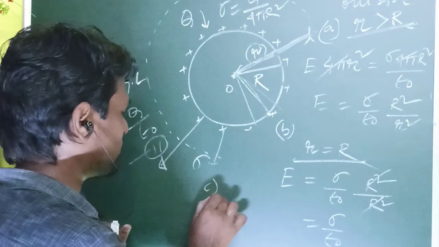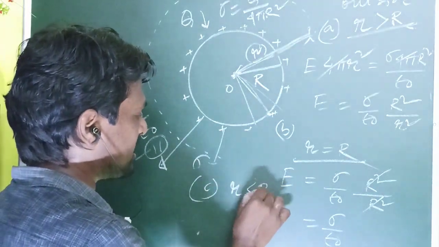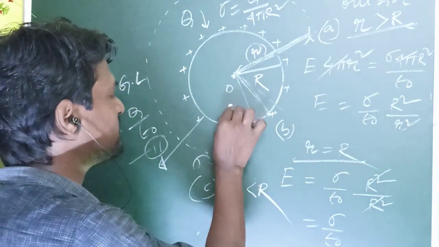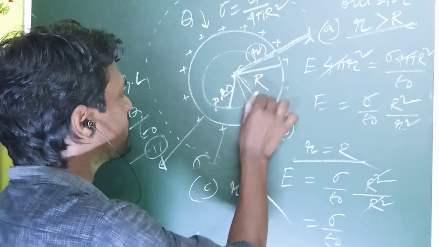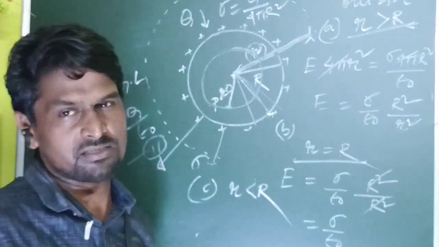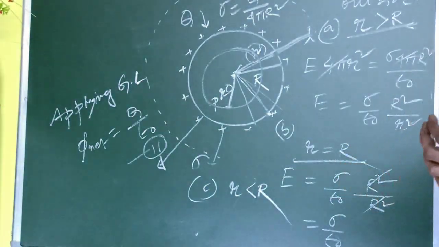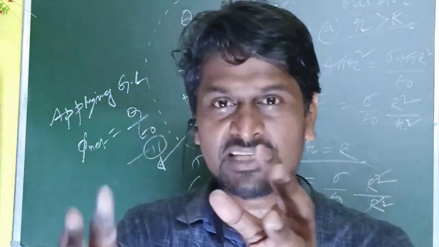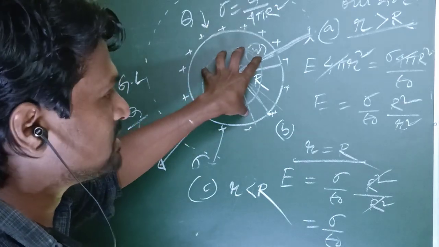Another point: what is the electric field when r is less than R? That is when the observation point is here. Then you can consider a Gaussian surface within the spherical cell. Now I ask you a question, students: what is the charge confined within that Gaussian surface?